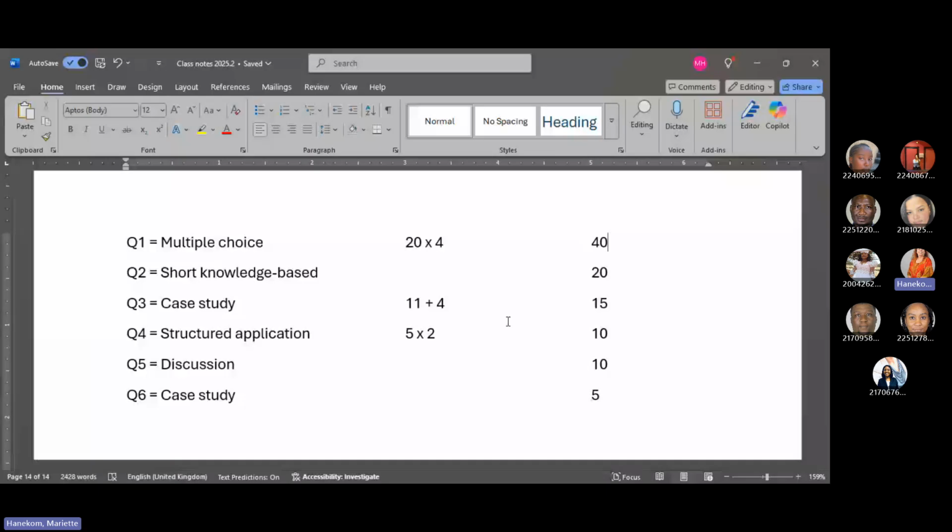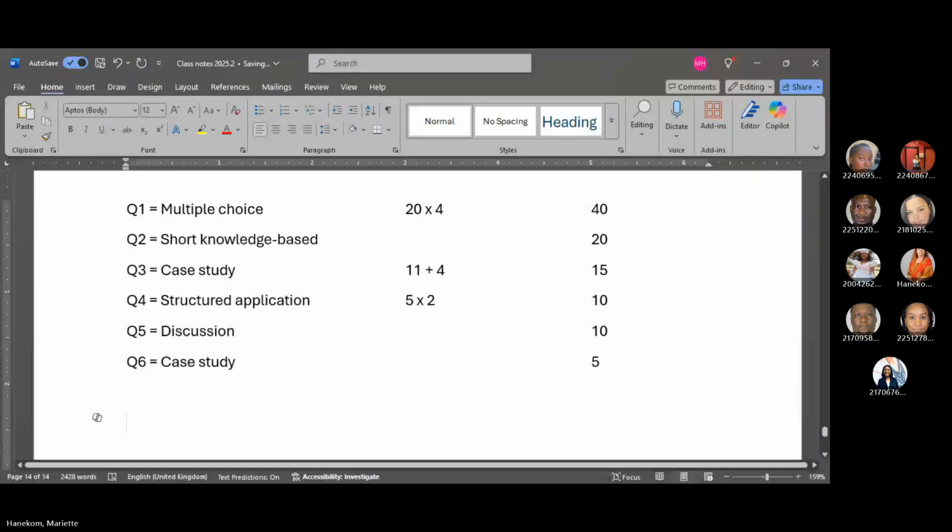If it's a 2-mark question and you find yourself reading half a page, writing half a page, I can guarantee to you that your answer is actually incorrect. A rule of thumb: 1 mark, 1 line; 2 marks, 2 lines; 3 marks, 3 lines.